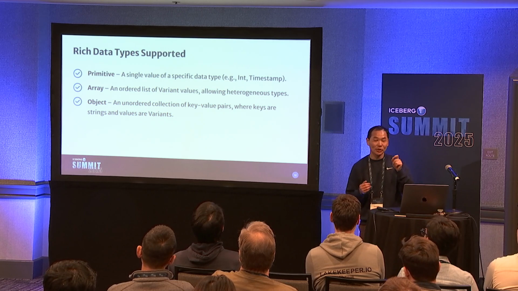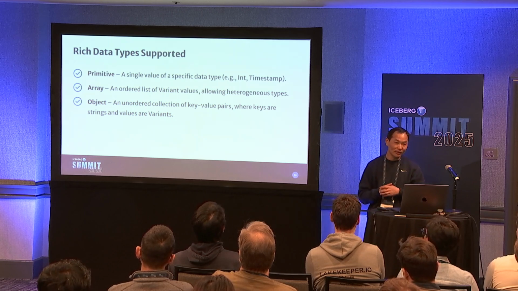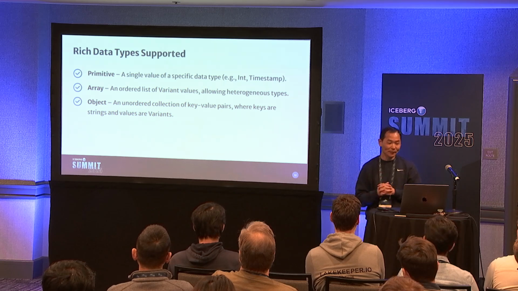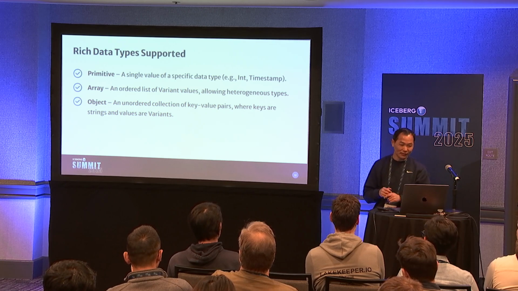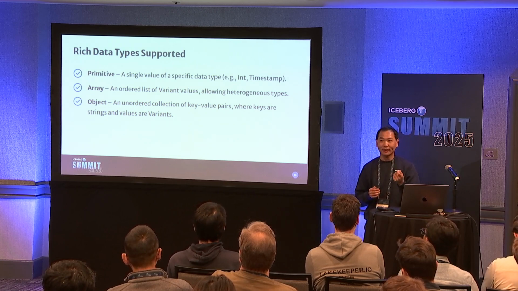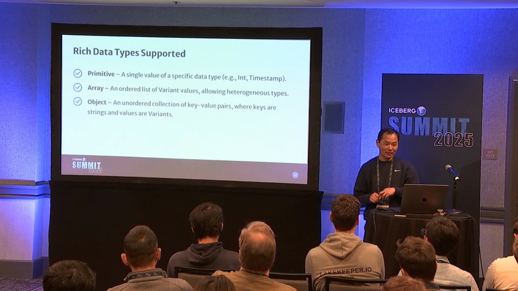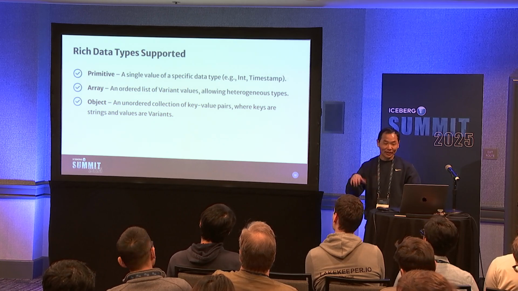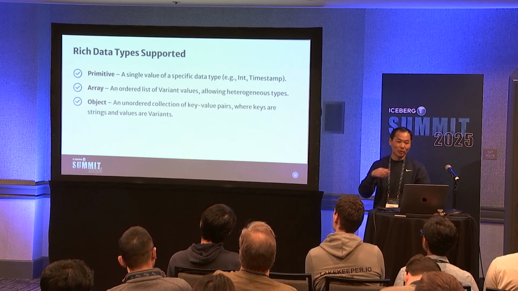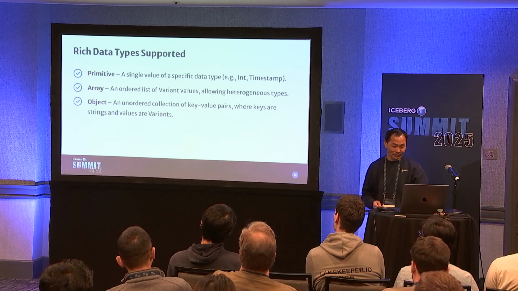The keys actually have to be strings. That's different from a normal object. The value can be anything. Technically, it's a variant, and then it can recursively include primitives, arrays, and objects.